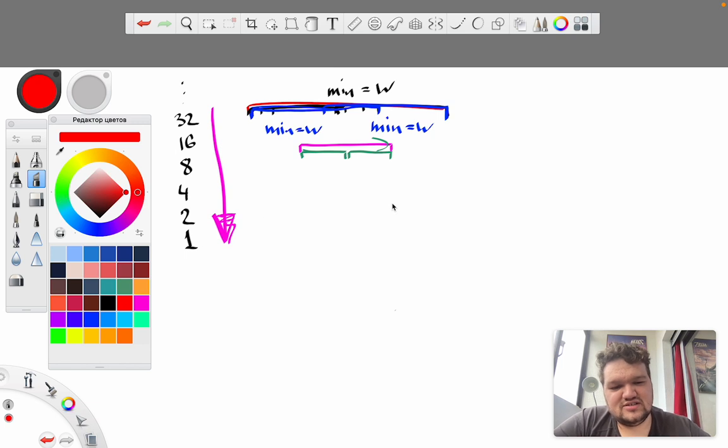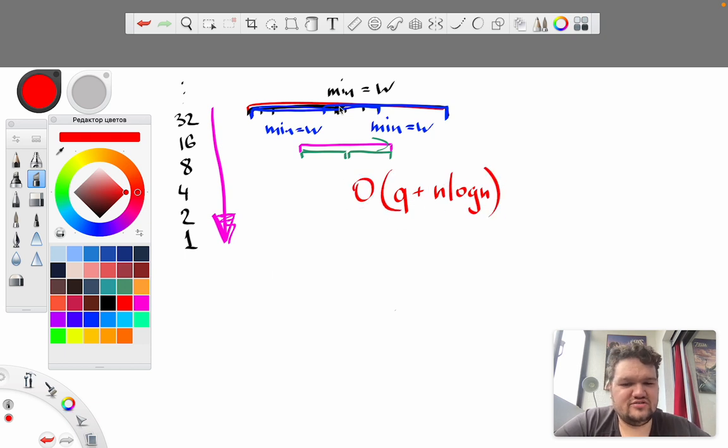So that works in, if q is the number of updates and n is the length of the array, each query is constant time plus n log n, because you have log layers, and on each layer, from each of the at most n segments, you do a constant number of operations like pushes down.